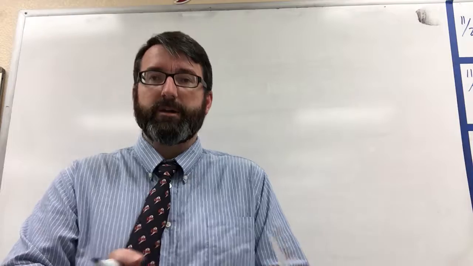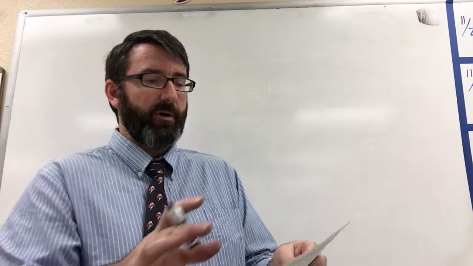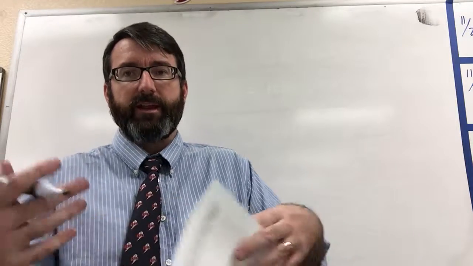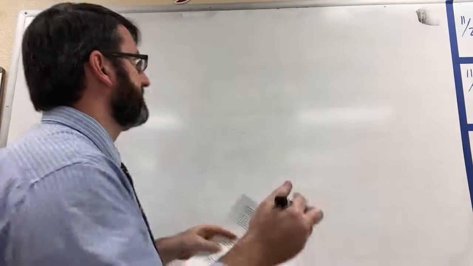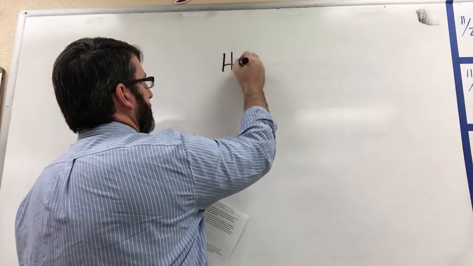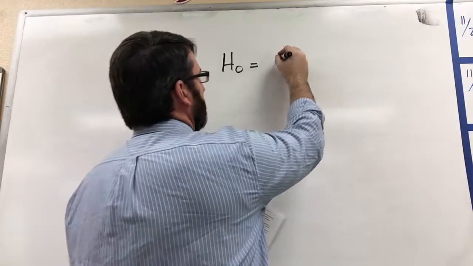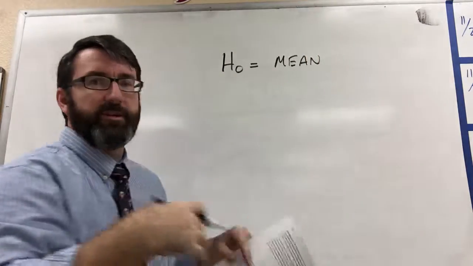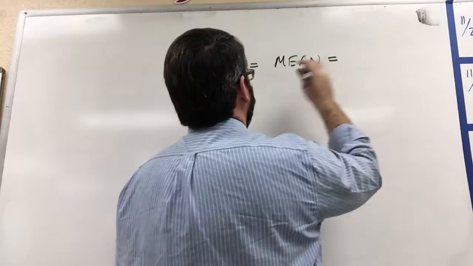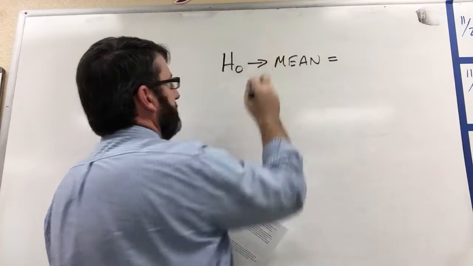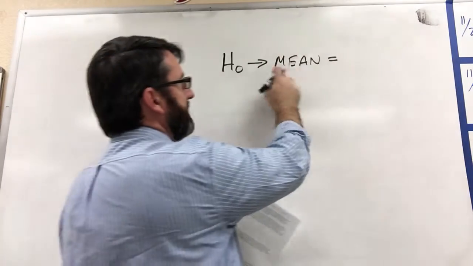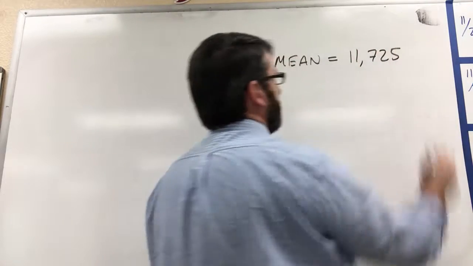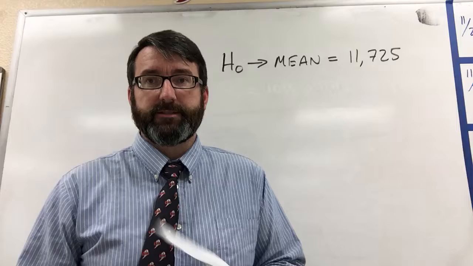All right, so let's start by defining our null hypothesis and our alternative hypothesis. So the null hypothesis is going to be that the mean annual mileage for this fleet is equal to 11,725 miles.